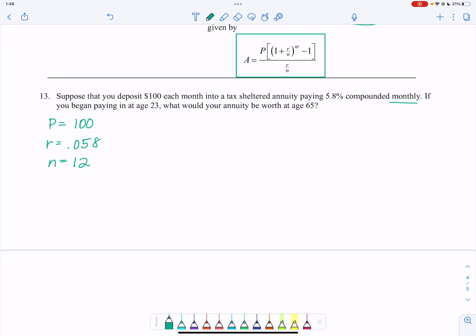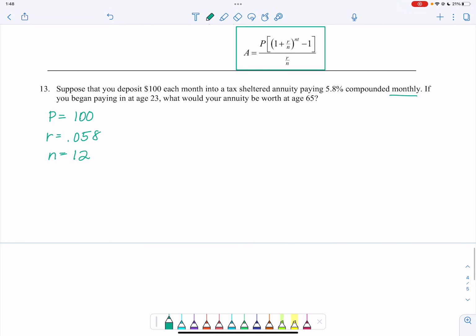If you began paying at age 23, what would your annuity be worth at 65? So the time is going to be over this period that you went from age 23 to 65, and that would be 42 years.